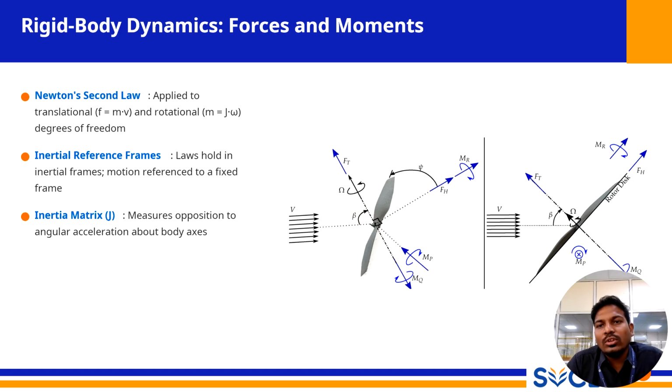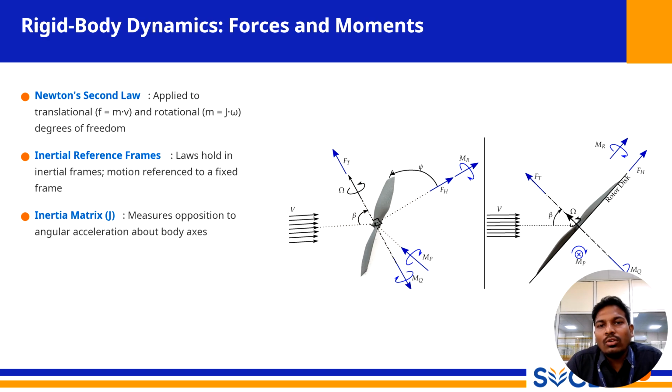For translating motion, the sum of all the external forces acting on the drone is equal to its mass multiplied by its acceleration. These forces include gravity, the thrust from the propeller, and the aerodynamic forces like lift and drag. By summing these forces, we can determine how the drone will accelerate and move through space.